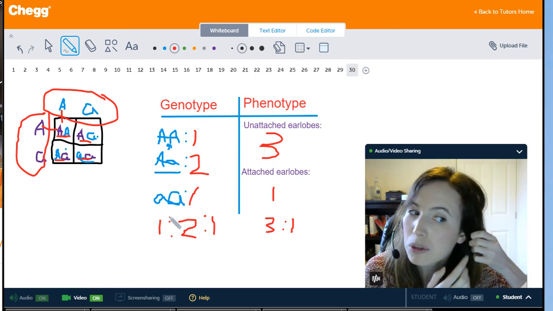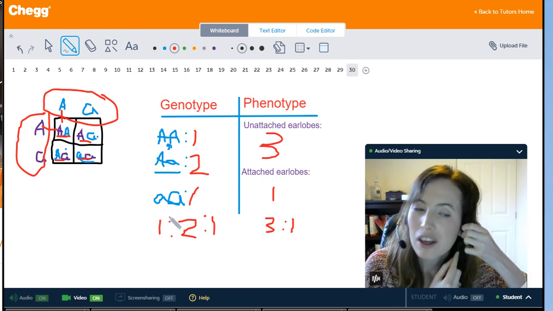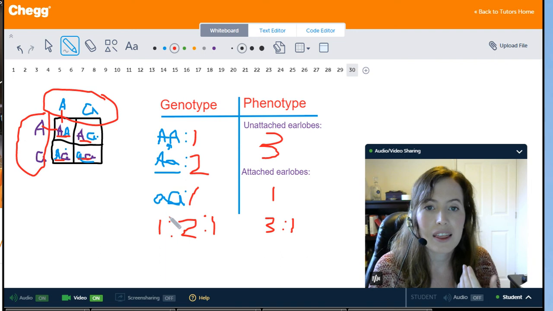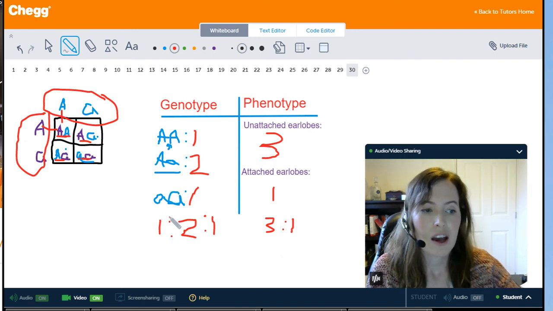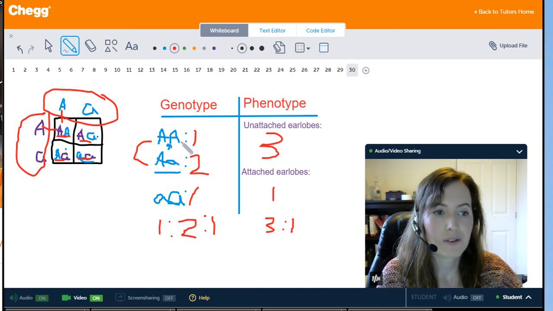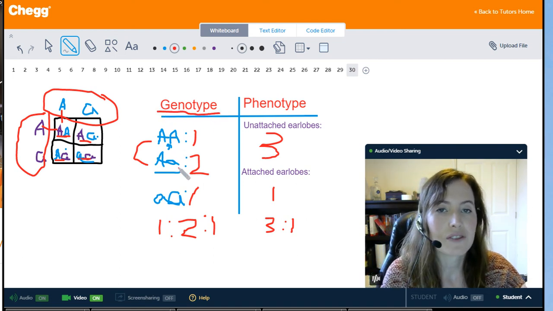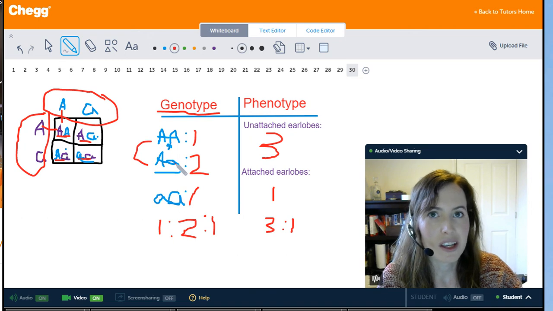My earlobes are physically unattached. So that part doesn't really matter. I know for sure that I have one of these options. But for genetic, if I'm writing for genotypic purposes, I have to list both of these as my options.